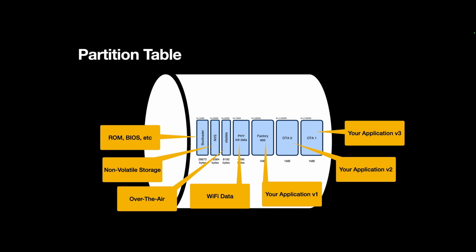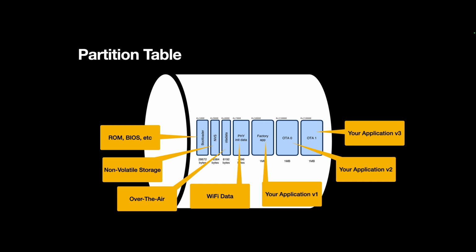So similar to your Windows computer or Mac, you can have multiple applications that can't run at the same time. And the way it works here is that you have one app running. So let's say it's version 1. And then when an update comes over the air, so that you put into your program, you say you want to connect to this website and see if there's a new app.